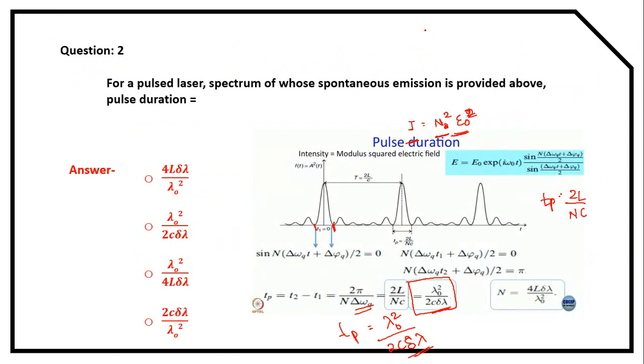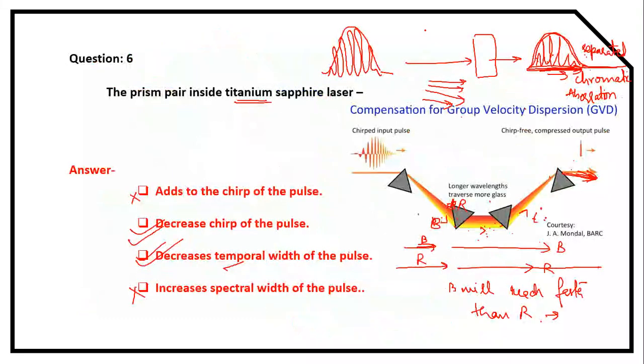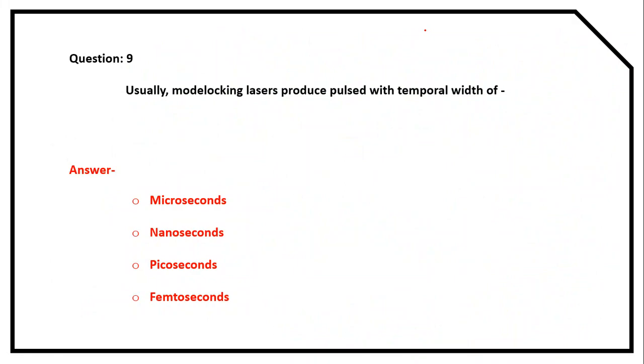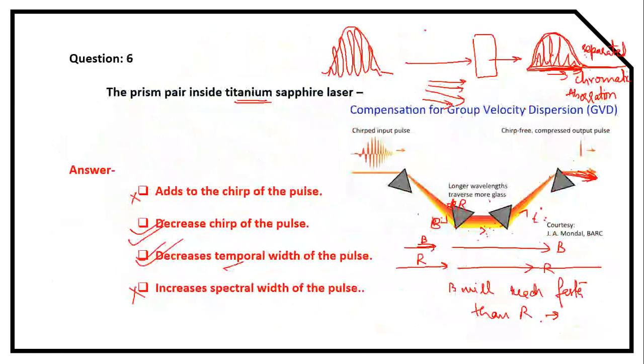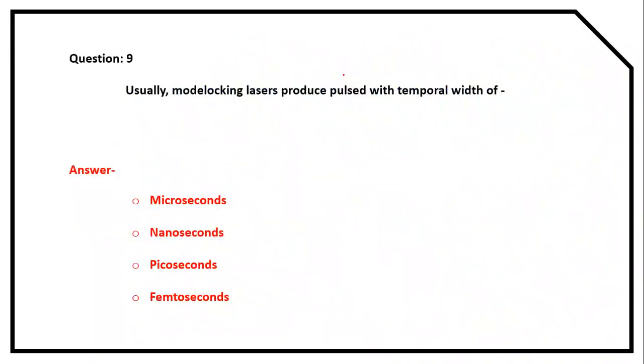Okay, this is the pulse laser. Mode locking of a laser is something that is used to produce a pulse laser.